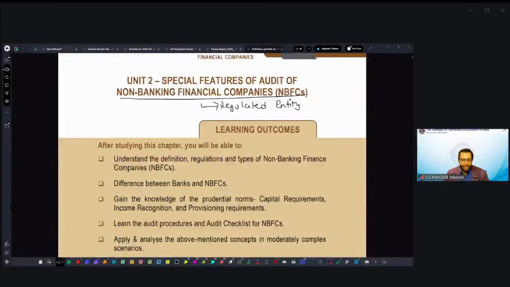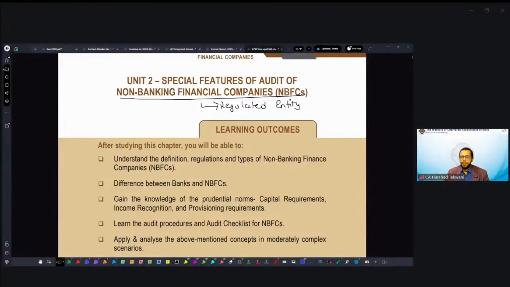RBI, very good, Radha. Yes, RBI is the regulator who regulates the working of NBFC. But if I say it that way, that would be only partially correct.